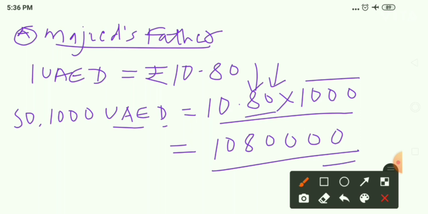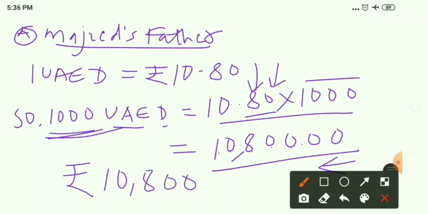So from the left side in the product, count 2 digits and put a decimal. So we got 10,800 rupees. Okay, 1000 UAE dirham makes 10,800 rupees. So keep these rupees in your mind.